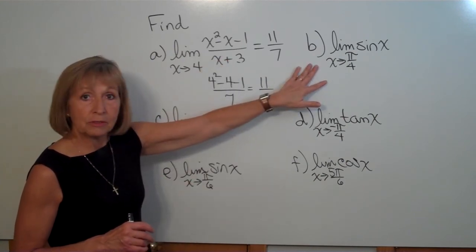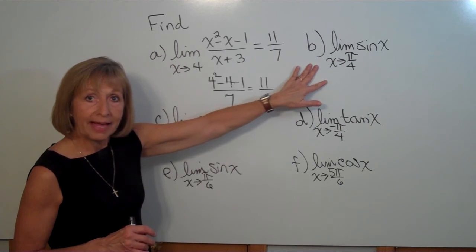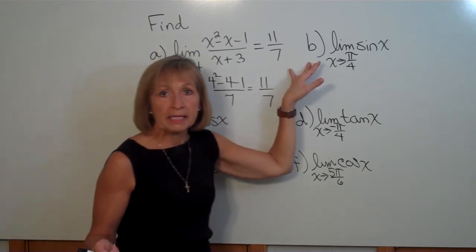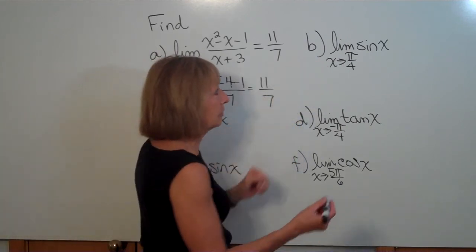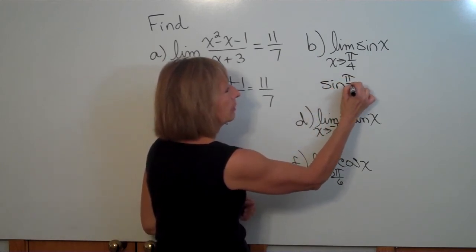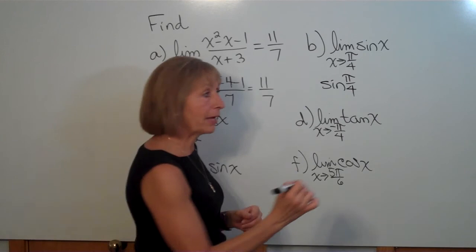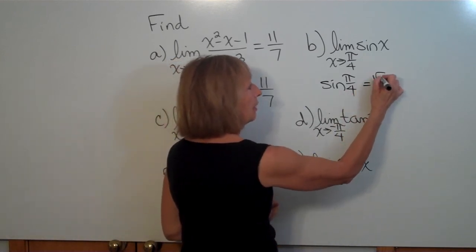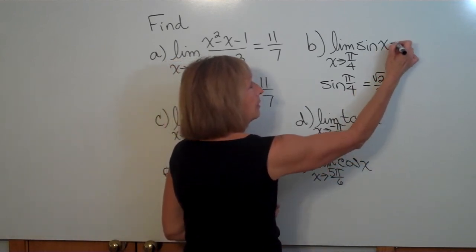Next up, the limit as x approaches pi over 4 of sine of x. Well, sine of x's domain is all reals. So I am just going to get the sine of pi over 4. And the sine of pi over 4 is the square root of 2 over 2.